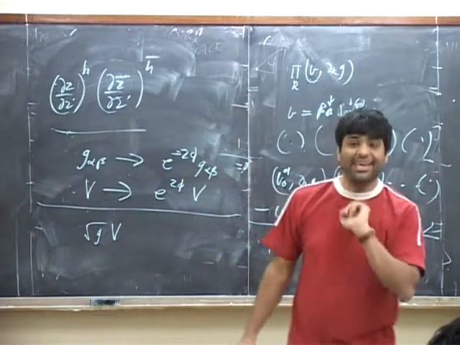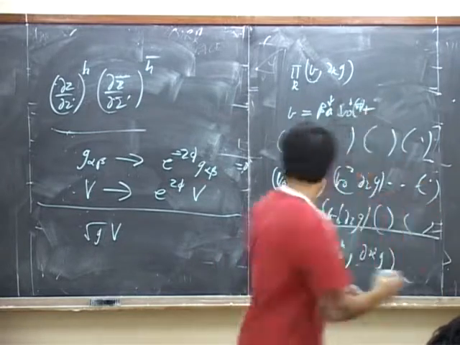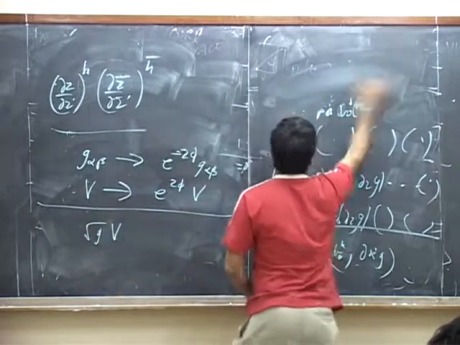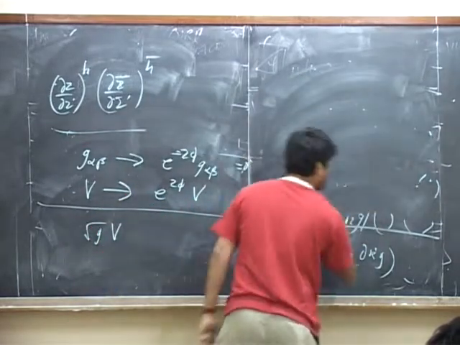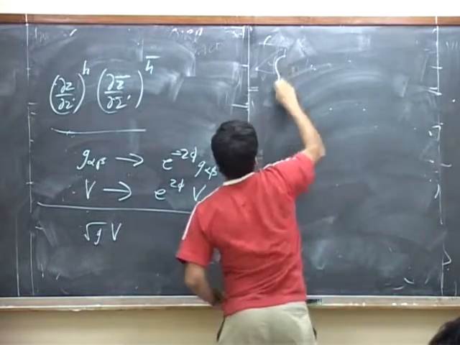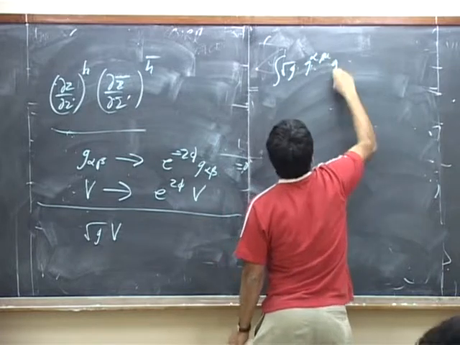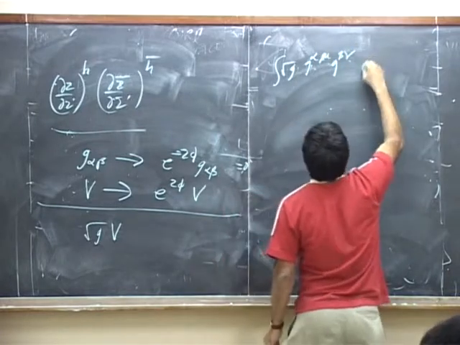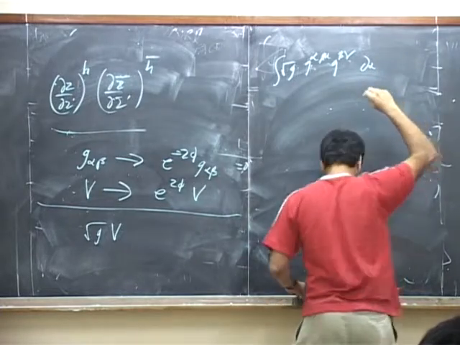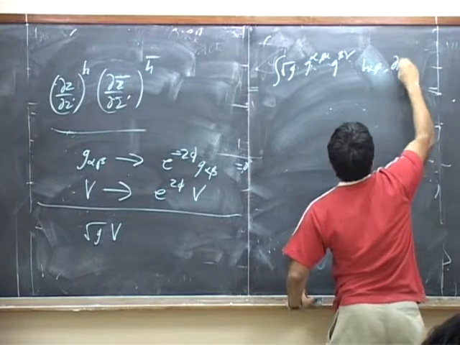Actually, there's only one thing that is dangerous, and that's the B insertion. Let me remind you. And let's write it out in detail. The B insertion was square root g alpha mu, g beta nu, del alpha, B alpha beta del k g mu.